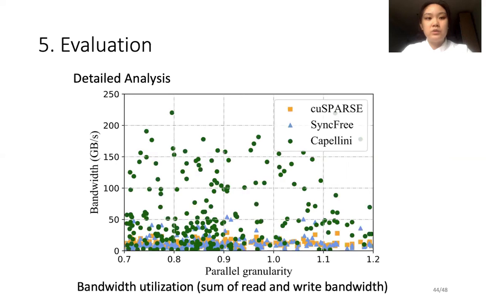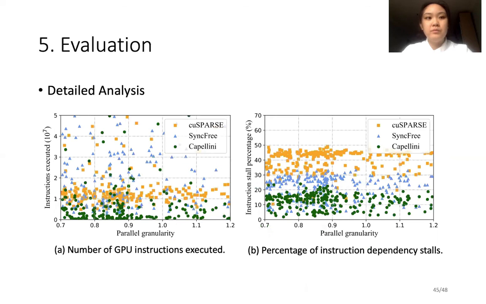The bandwidth utilization of Capellini is 5.17 times higher than SynchroFree and 5.25 times higher than cuSPARSE, which proves the effectiveness of CapelliniSpTRSV. Besides, Capellini launches fewer warps than the previous SynchroFree, and our algorithm is more concise.